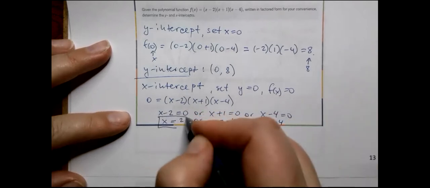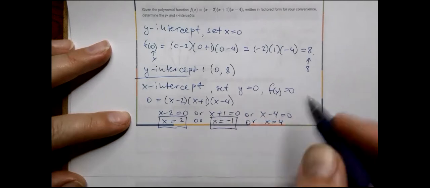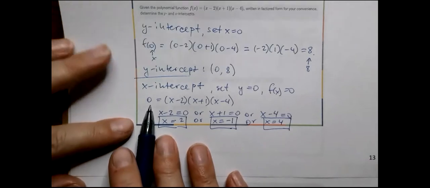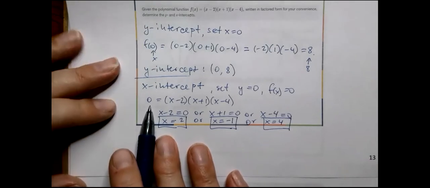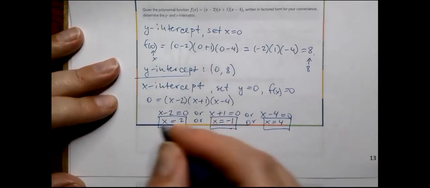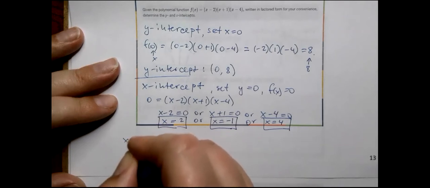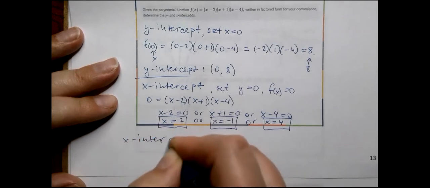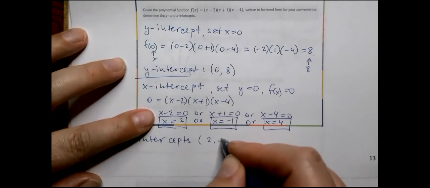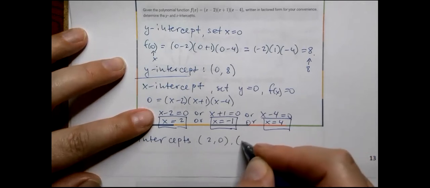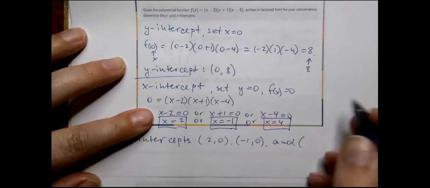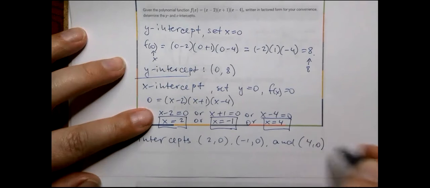So for any one of those three values, the function value or the y value would be equal to 0. So therefore, we have 3 x-intercepts in this graph. Let's write them down. The x-intercepts, and again, those are points, are 2, 0, negative 1, 0, and 4, 0.